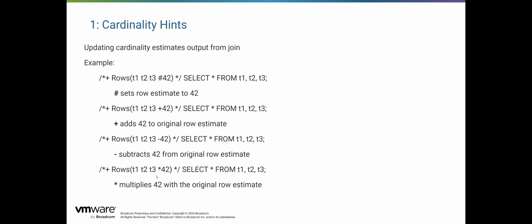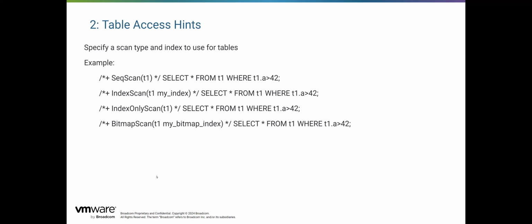Next. In the same way, you can say for this query on T1, I know you will want to pick an index scan, but don't do it. Use a sequence scan on T1. Or you could say, please pick an index scan, and I have multiple indexes, so out of those indexes, please pick this index of mine.